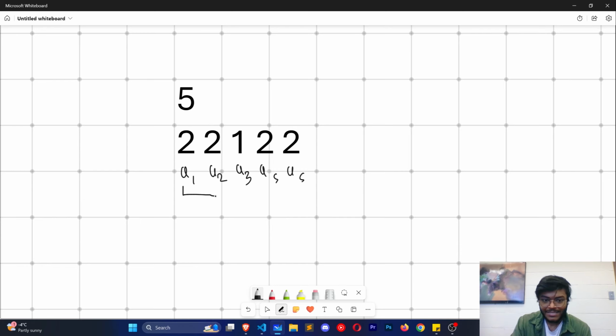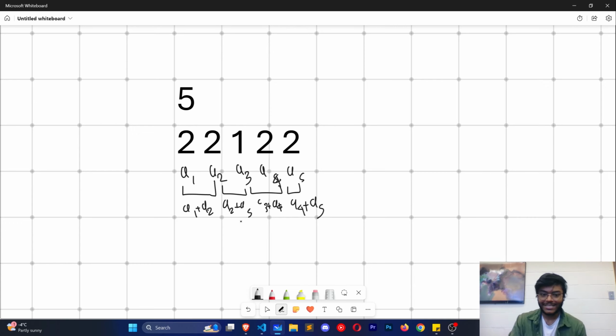If we take the sum of these two, it will be a1 plus a2, this will be a2 plus a3, this will be a3 plus a4, and this would be a4 plus a5. If you do this, you can see clearly that every element from the second element till the n minus 1th element gets added up twice.